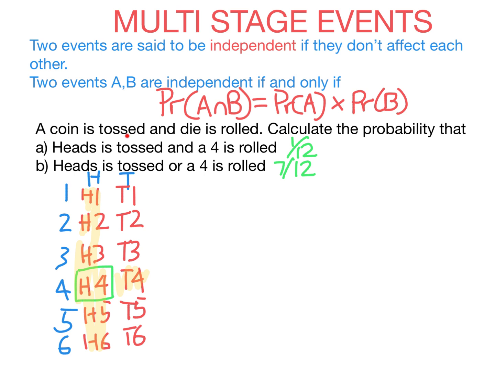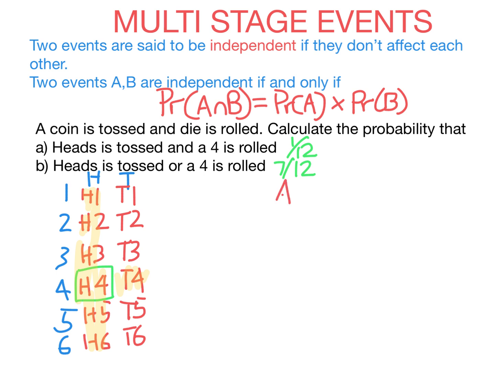In this example, the outcome of the coin and the outcome of the die are independent. One doesn't affect the other. It doesn't matter whether you get heads or tails on the coin, it won't change the chances that you get a 1, a 2, or a 3 on the die. They don't change each other's probability at all.